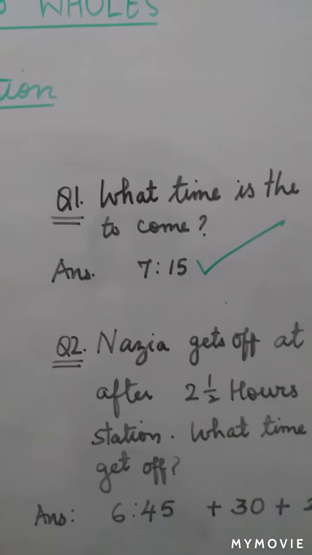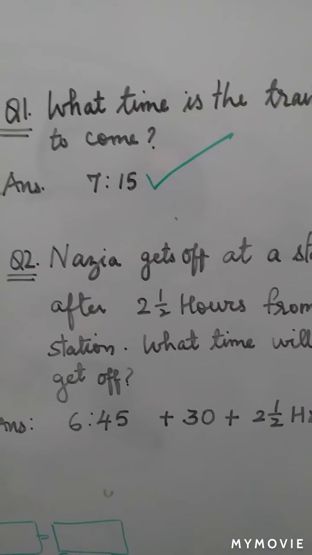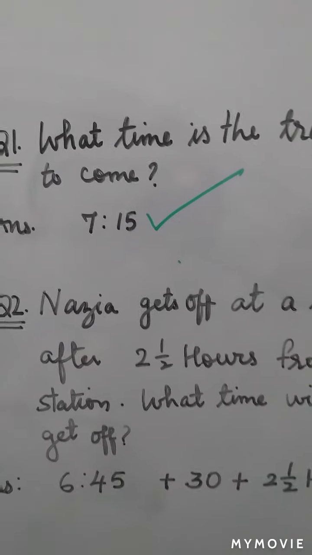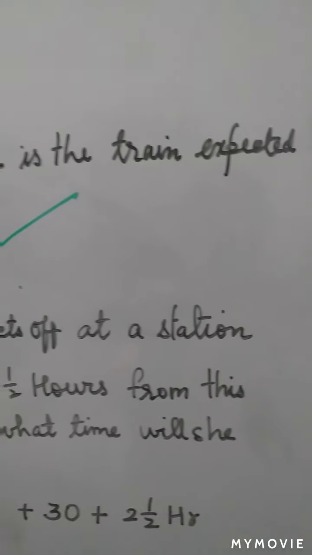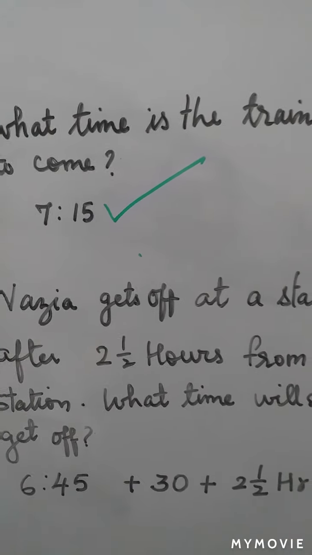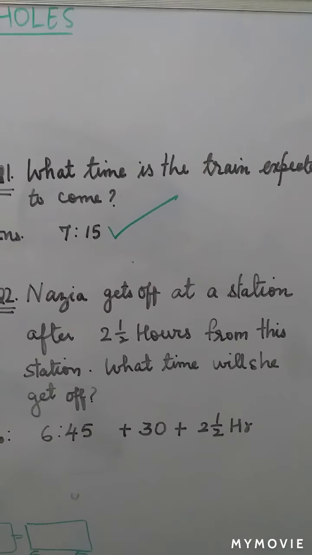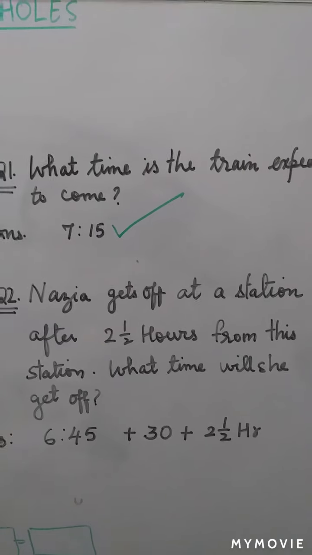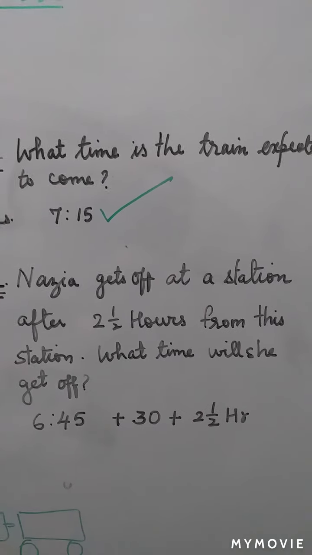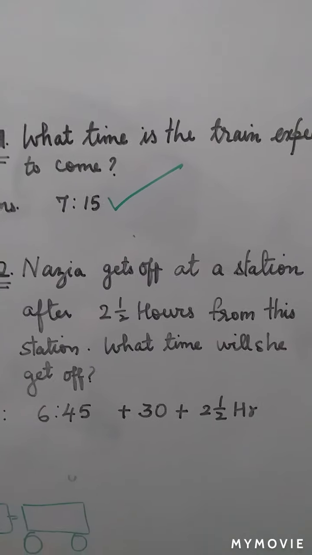Okay, we are not given AM or PM. So now the next question is, Nazia gets off at a station after 2.5 hours from this station, which the train has just arrived at 7:15. So what time will she get off?